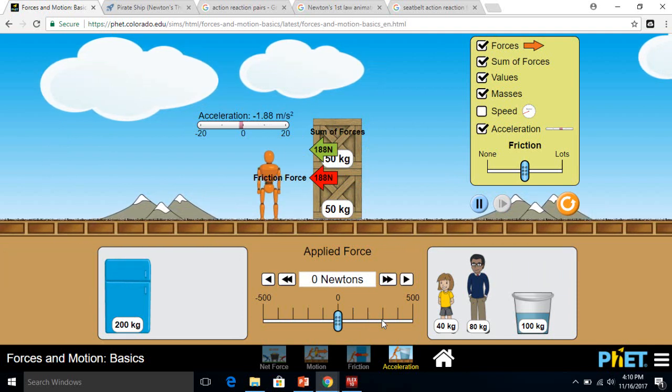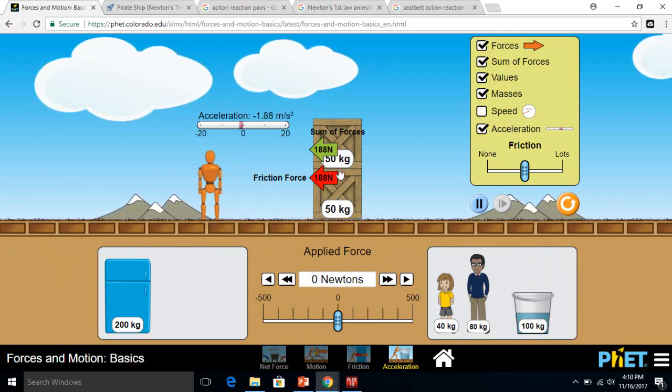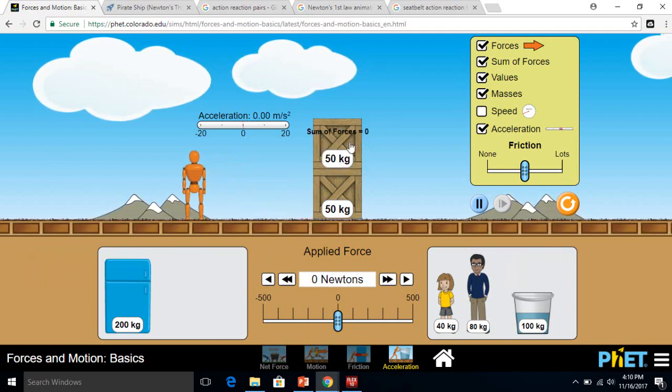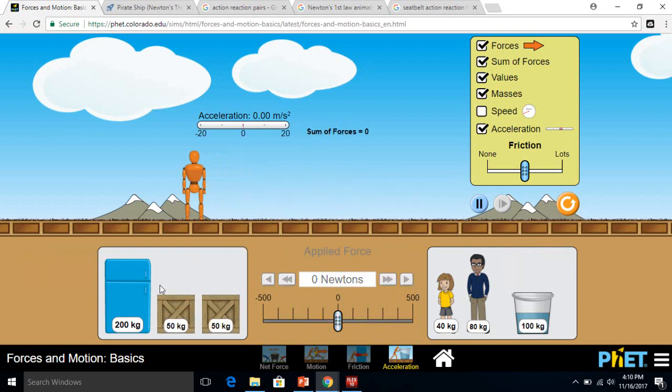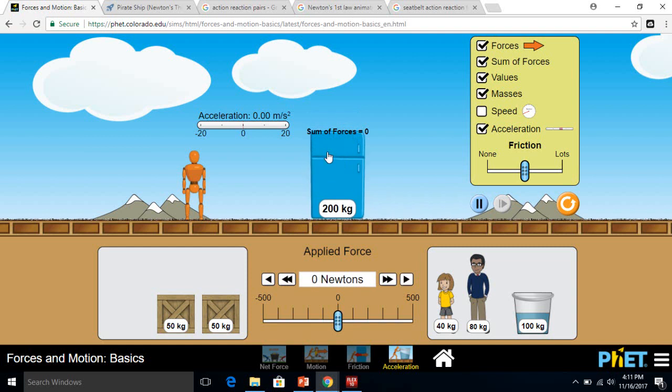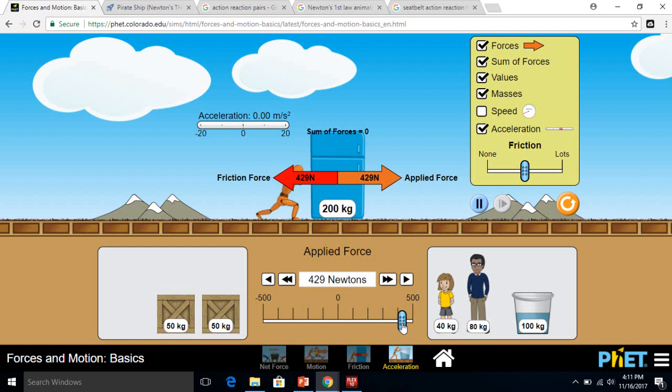Okay? Now, let's take these away and put the fridge. I have more mass, so I'm going to need more force to make it accelerate.